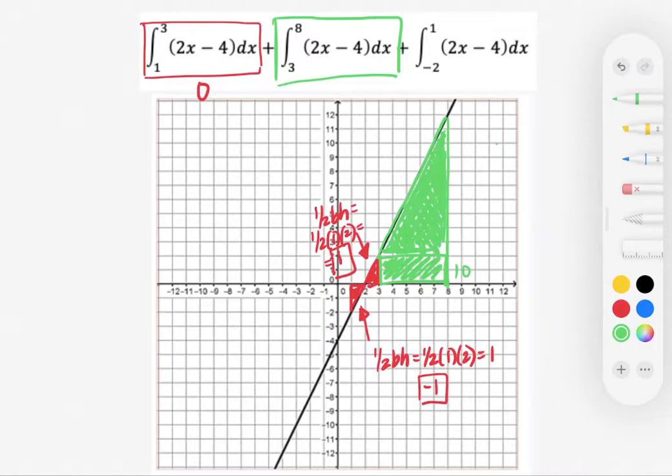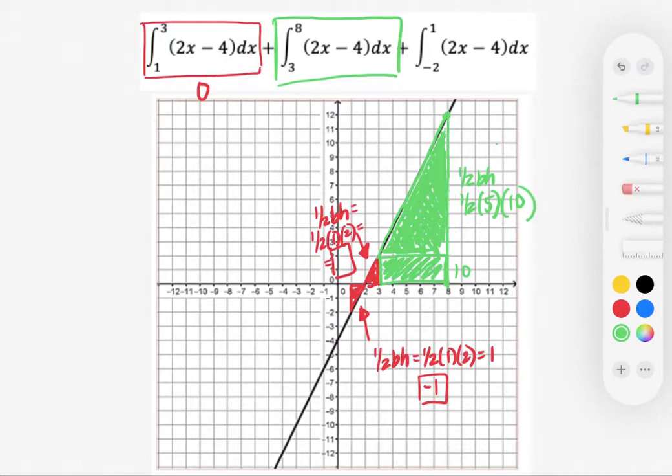And then our area of this triangle is 1/2 base times height. The base, we've already counted that out, is 5. Again, that's just the difference between 8 and 3 if you want to think of it that way. And the height would be then the difference between 2 and where this intersects up here at 12. So my height is 10, and I could count that out also. 1, 2, 3, 4, 5, 6, 7, 8, 9, 10.